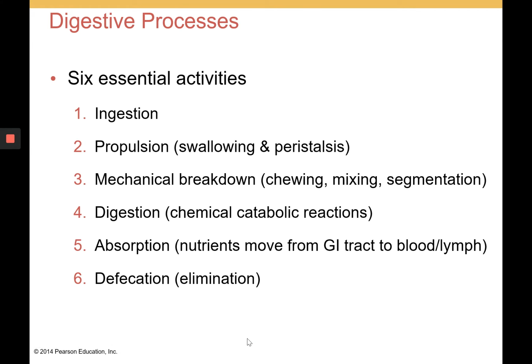There are 6 essential steps or activities to digestion. They include ingestion, propulsion, mechanical breakdown, digestion, also known as chemical digestion, absorption, and defecation. Ingestion includes mastication, which is chewing. Propulsion includes swallowing and peristalsis.